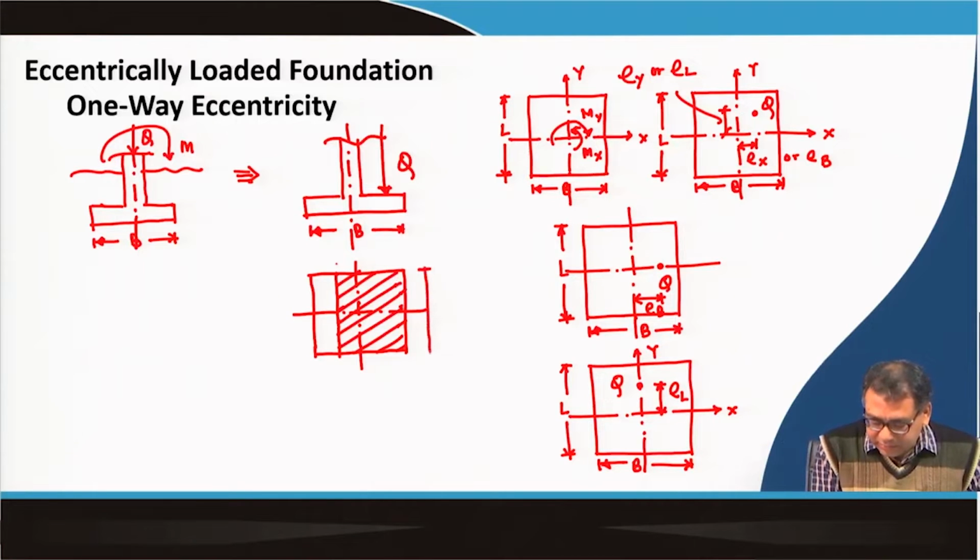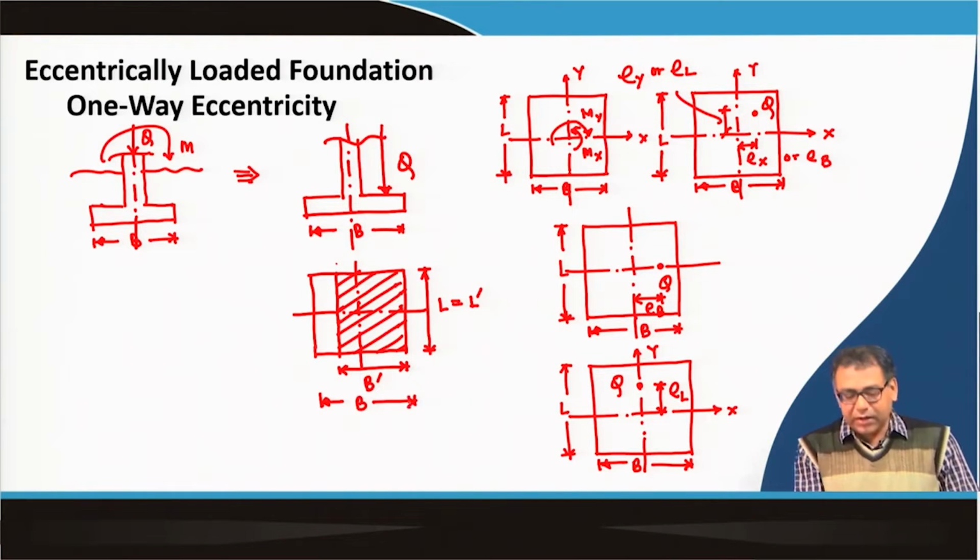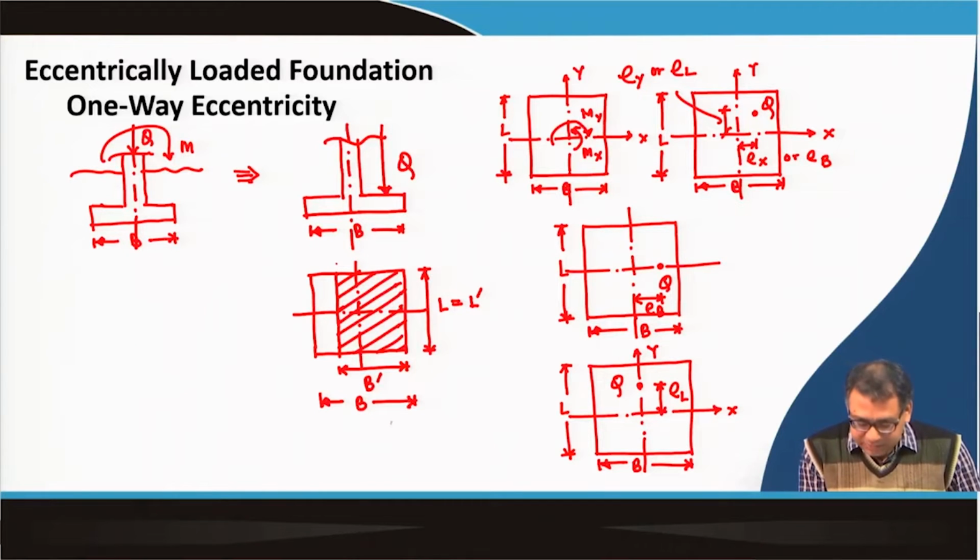I can write this is my L, the length of the footing, or L dash. Initially the width was B, now the effective width has been reduced to B dash. The footing will not get the total area, that is L into B; it will reduce to an effective area A dash, which is B dash into L dash.